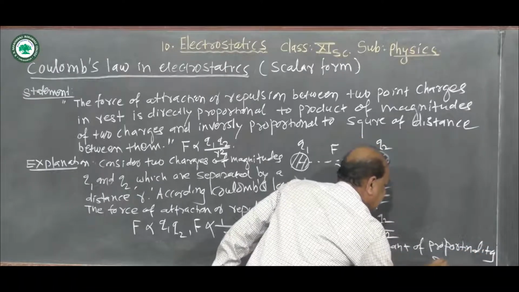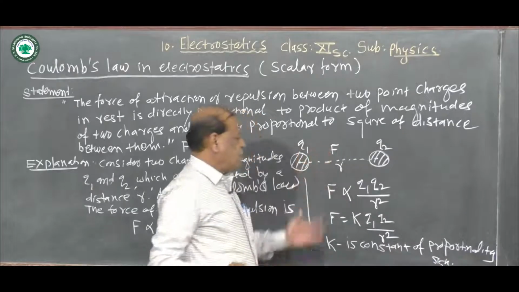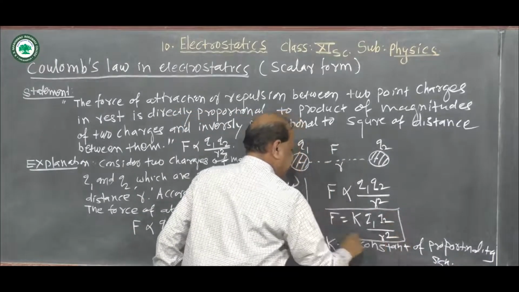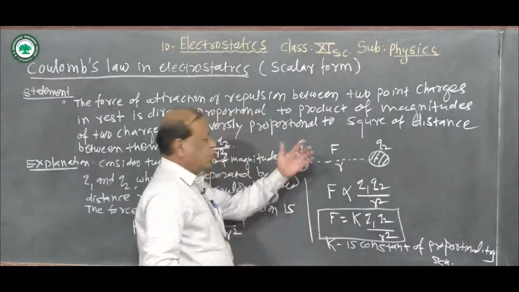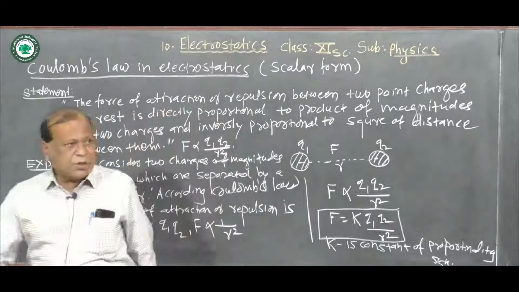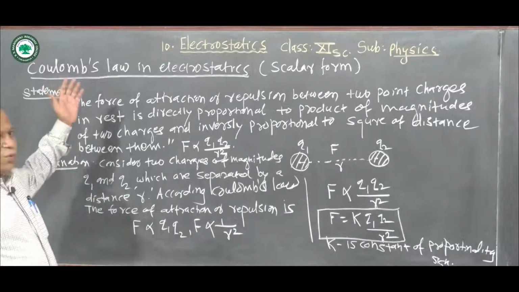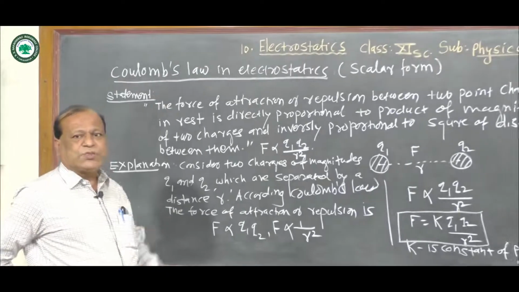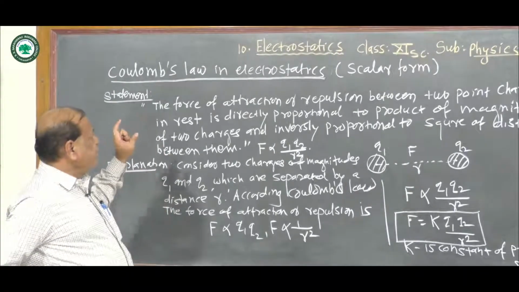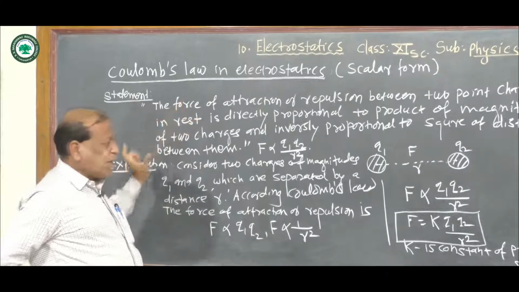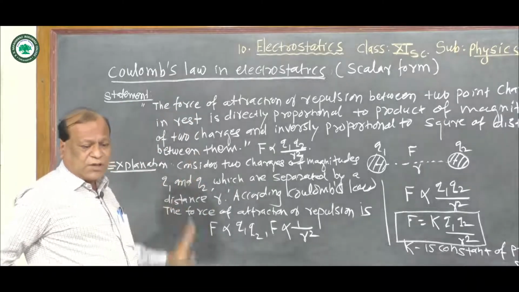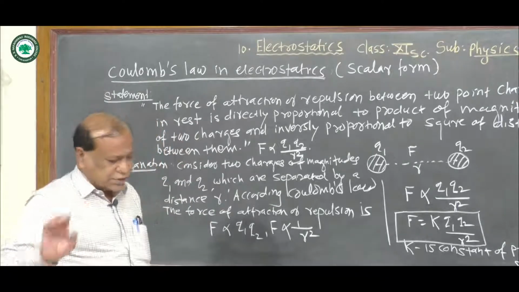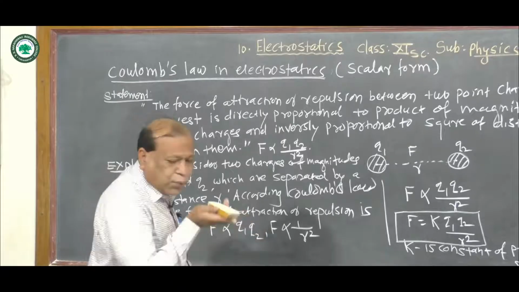In this way we explain Coulomb's law in electrostatics. Now if a question is asked, state Coulomb's law in electrostatics for 2 marks, at that time you have to write the statement for 1 mark and the explanation for 1 mark. This is about Coulomb's law in electrostatics.